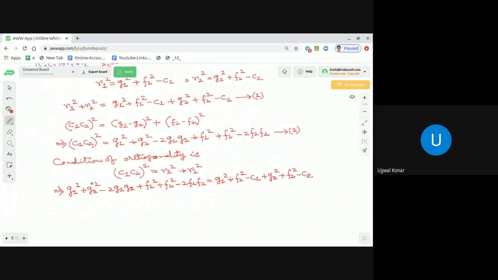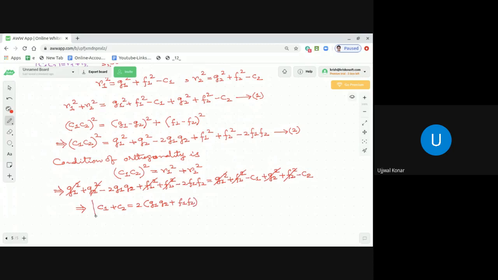Correct, dear students? So G1 square on the left hand side will get cancelled with G1 square on the right hand side. G2 square on the left hand side will cancel with G2 square on the right hand side. Similarly, F1 square and F2 square on the left hand side will get cancelled with the corresponding terms on the right hand side. So what we get is that C1 plus C2 should be equal to 2 into G1 G2 plus F1 F2.